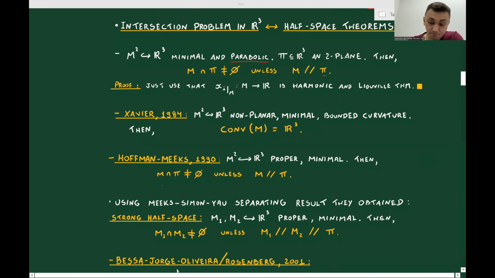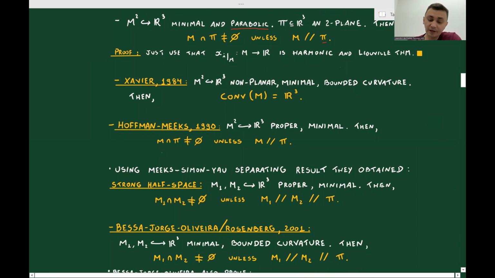Okay, so this result is really old. Maybe it's just a consequence of the Liouville theorem. And here I don't put any reference for that because it's really classical. Okay, we can deduce also a half-space theorem, or prove some intersection problem in the Euclidean space, using a really important result, a deep result due to Xavier.